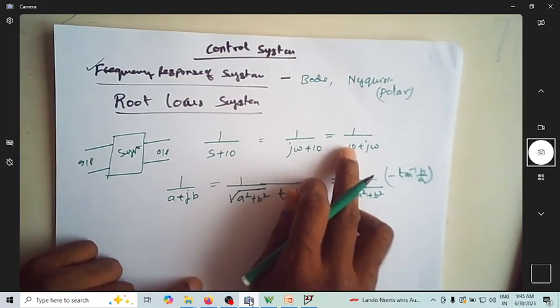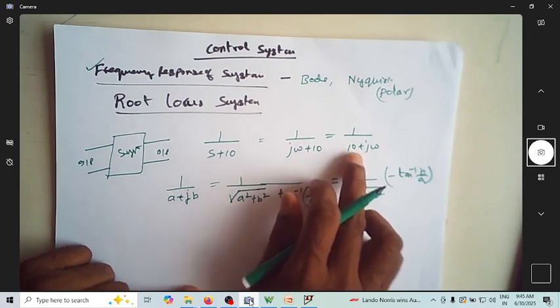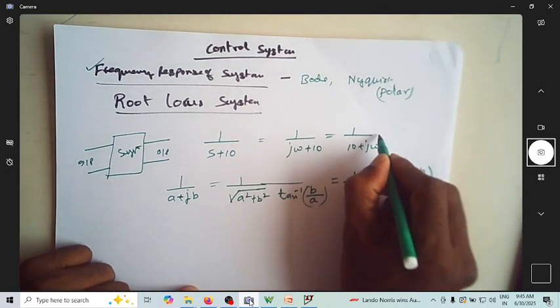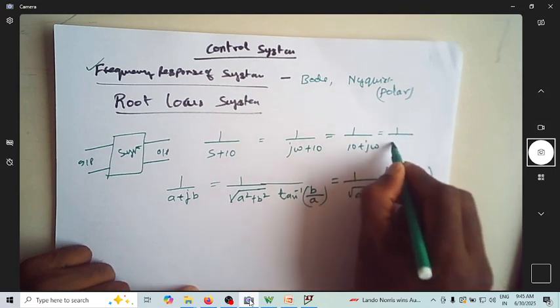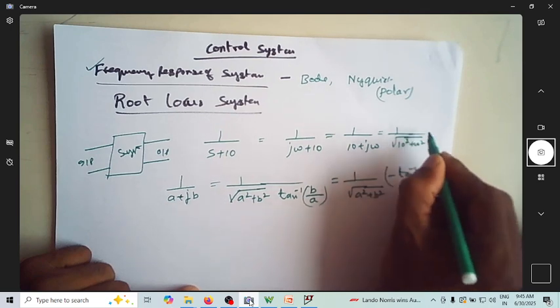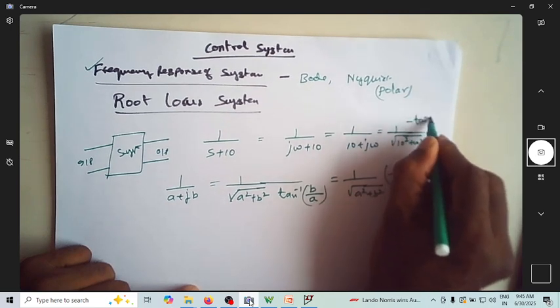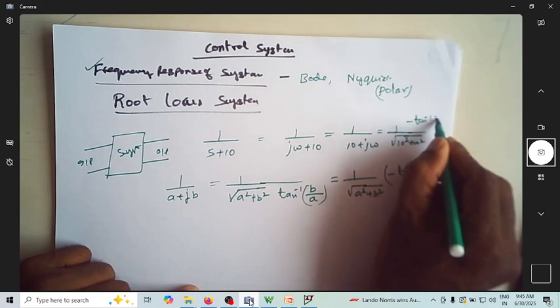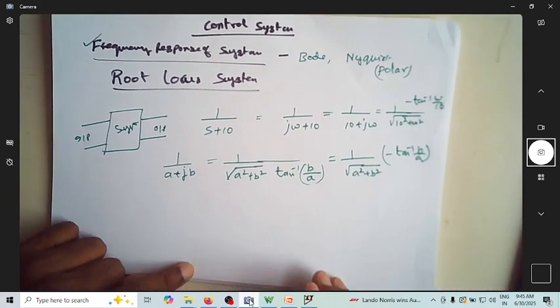Similarly, for this term, the magnitude is 1 over the square root of 10 square plus omega square, and the phase is minus tan inverse of omega by 10.